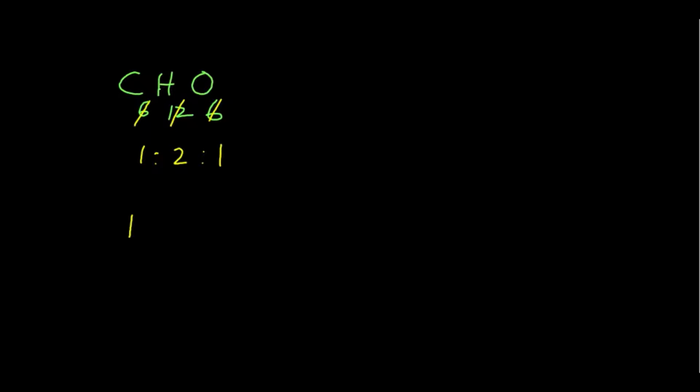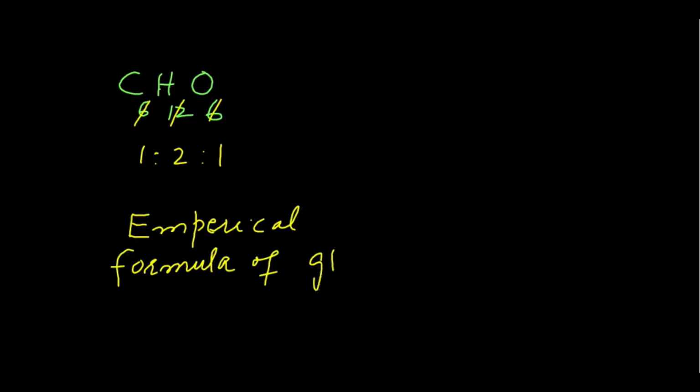So the simplest whole number ratio between carbon, hydrogen and oxygen in glucose is 1:2:1. So the empirical formula of glucose is CH2O. This is the empirical formula for glucose.